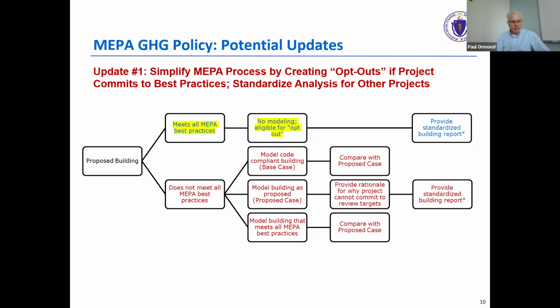So if a project comes into MEPA for particular buildings, if they're proposing to build those buildings to GHG best practices that we identify, then the project does not have to do any modeling or evaluations.